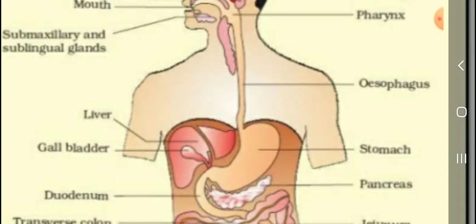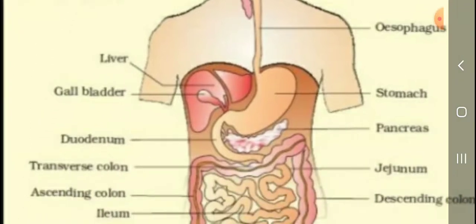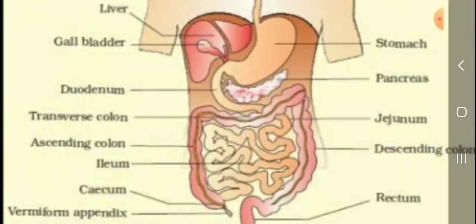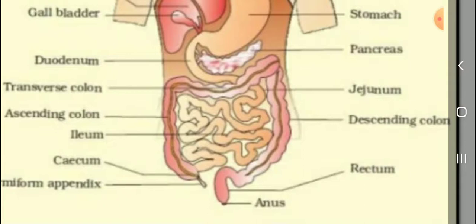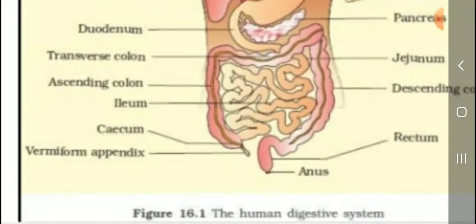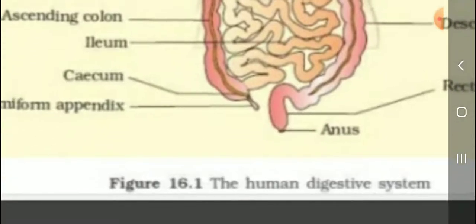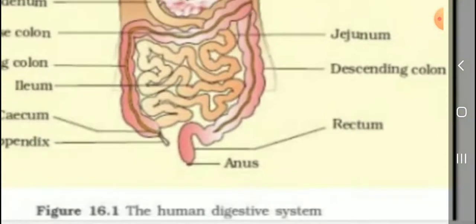Then esophagus, liver, gallbladder, stomach, pancreas, duodenum, jejunum, transverse colon, descending colon, ascending colon. This one is the ileum, cecum, vermiform appendix, rectum, anus.